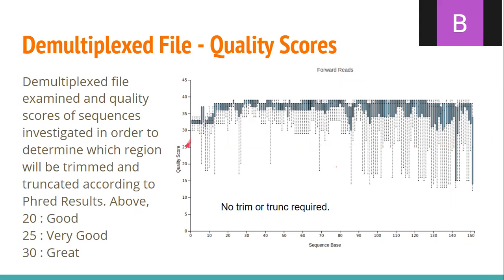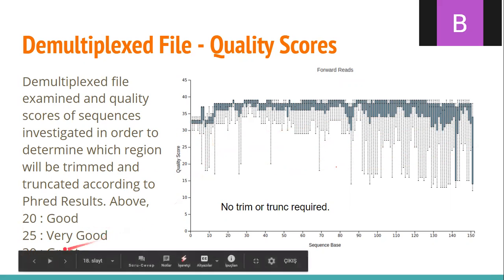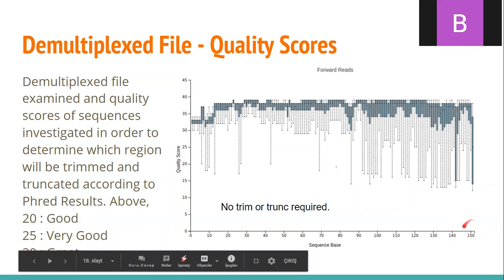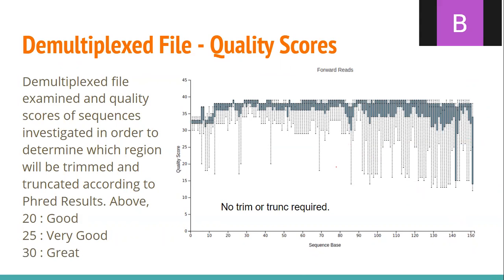So we want them to be higher than 20, and here they are all higher than 30. 30 is great, by the way. So we have a great example for our experiment, so we do not have to trim or truncate them from the ends. Also, it is important that we have 150 base pairs, which should not be too short. Otherwise, it can cause chimeric reads.